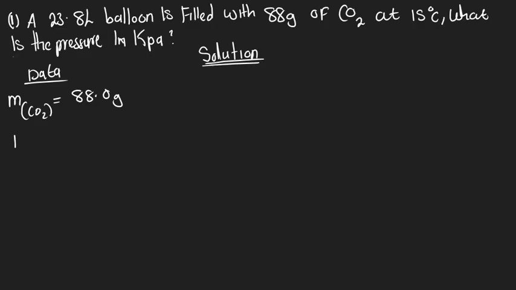Then we have been told that the temperature is 15 degrees Celsius. We have also been given the volume to be 23.8 liters. Looking at what we have been given, they want us to calculate the pressure in kilopascals. Which formula are we going to use?